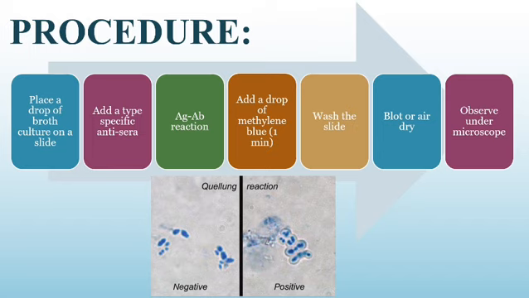What exactly happens here is that due to the antigen antibody interactions, the capsule swells up and becomes twice the size of the vegetative cells, and highly larger capsules are visualized in the Quellung reaction. As you can see in the picture at the bottom, for the negative there are no capsules, no bulged forms around the vegetative cell, but on the positive side we have a bulged, highly refractile capsule.